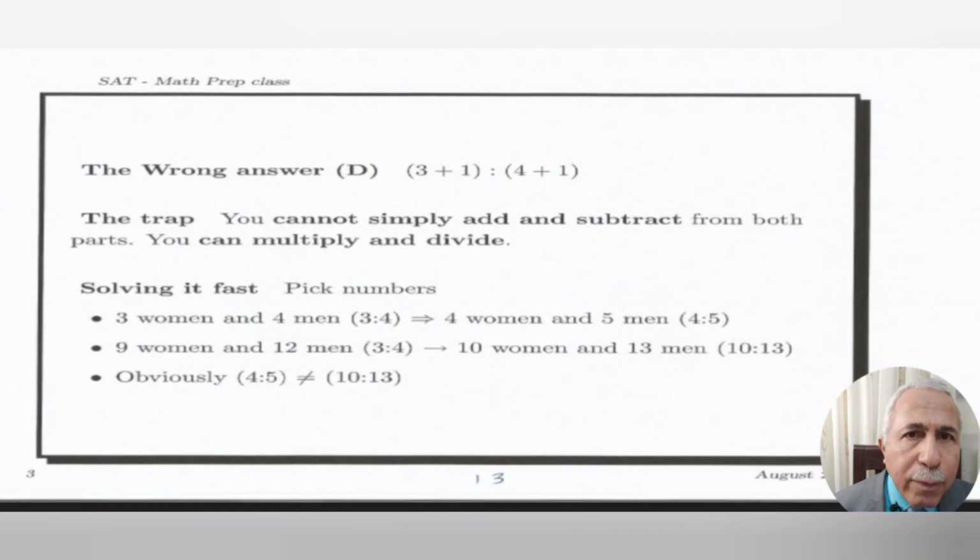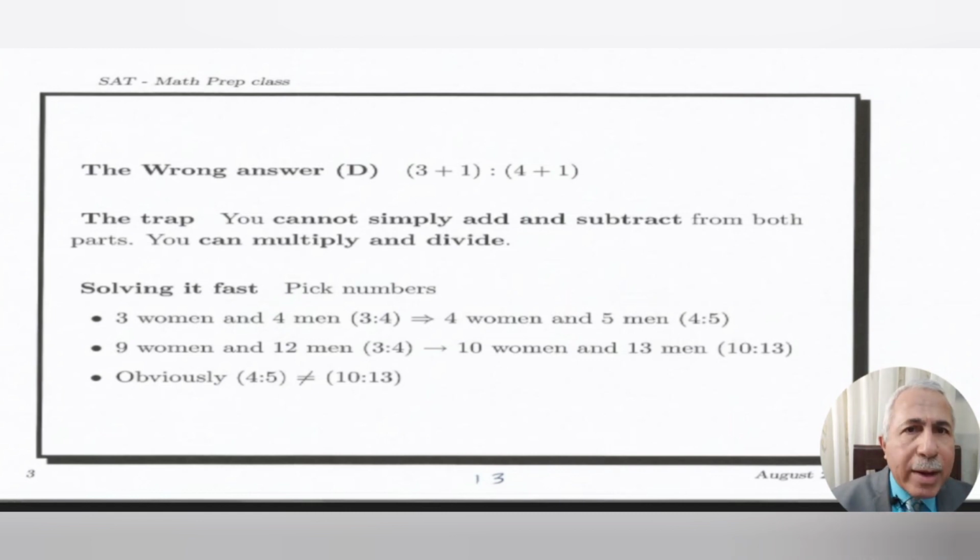Solving it fast, for example, 3 women and 4 men. The ratio is 3 to 4. But if I make the 3 into 9, that means I multiply by 3, and I make the 4 into 12, so 9 to 12, right? Those are quantities now. If I add 1 to 9, it will be 10.